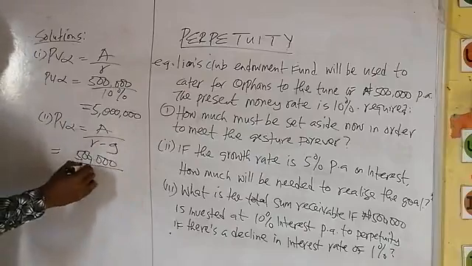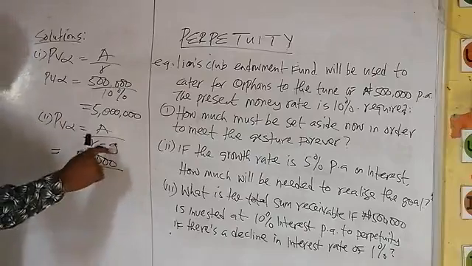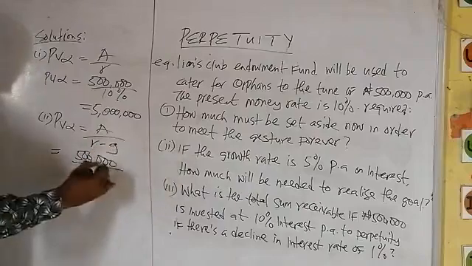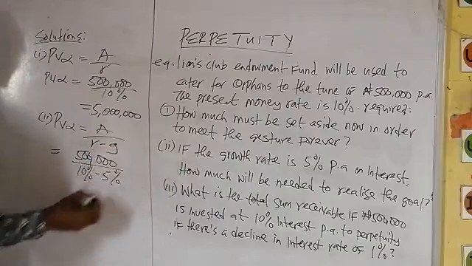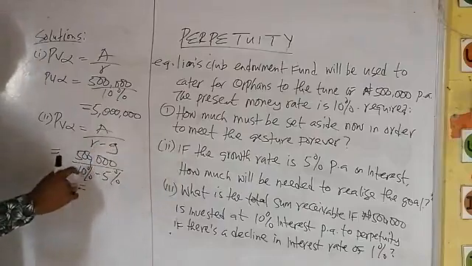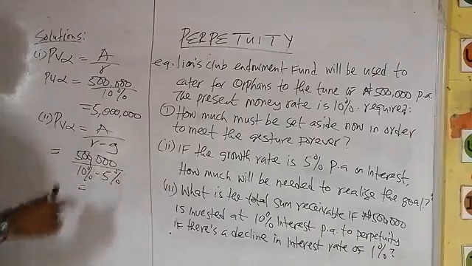That's 10% minus the growth rate, which is 5%. So 10% minus 5%, we have 5%.